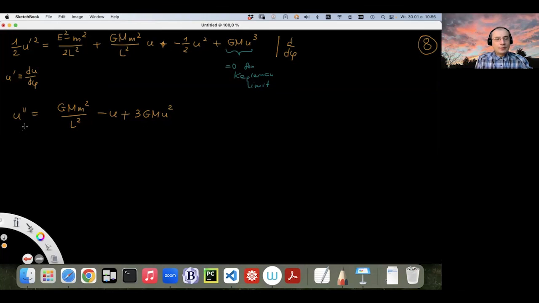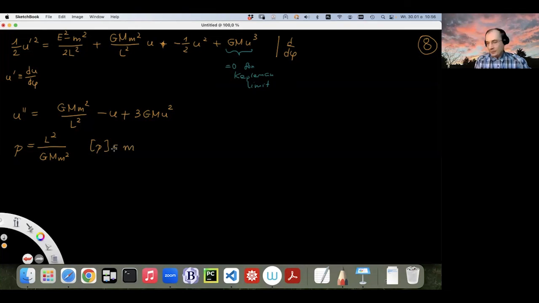So I would like to make this problem dimensionless in order to emphasize that this thing over here is indeed a perturbation. So I define P to be equal to L squared over G M squared. So the inverse of that, and this has the dimension of length.